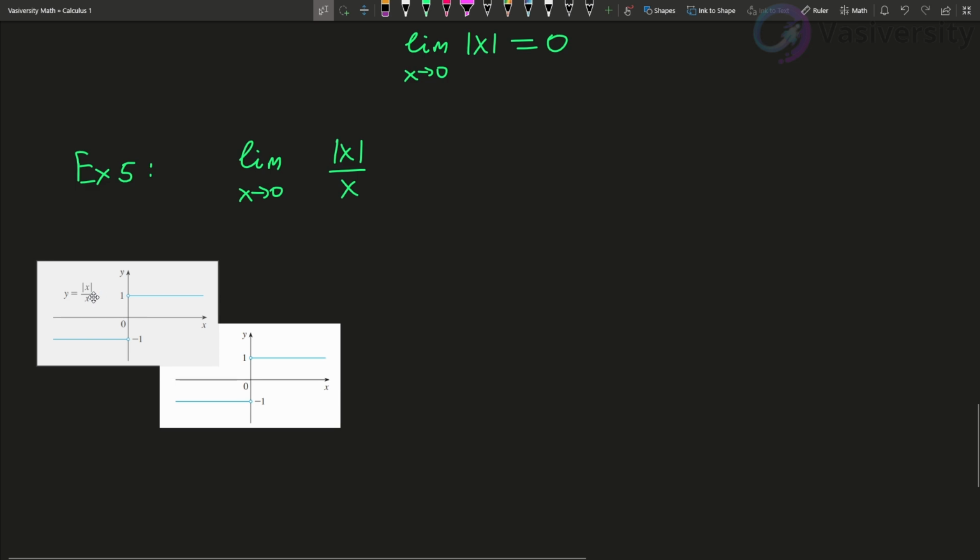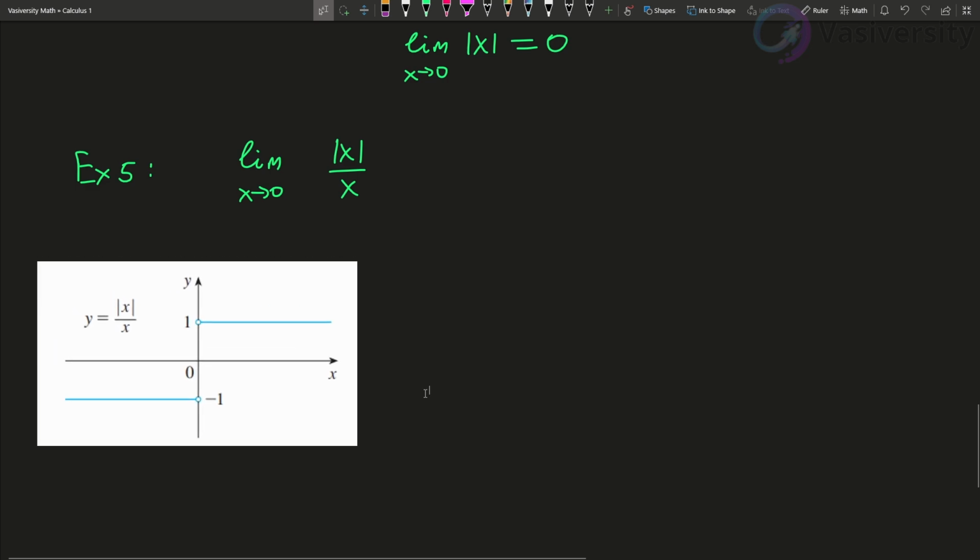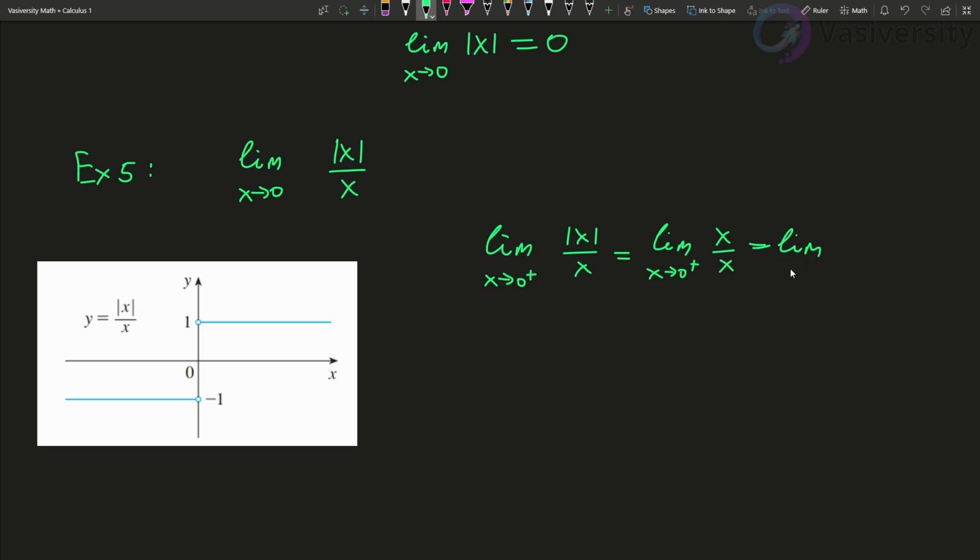So y is equal to the absolute value of x over x. Clearly, as x approaches 0 from the right, from the previous problem, it's going to be x over x. So that simply is going to be 1.